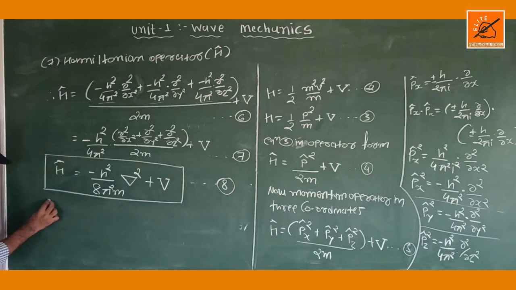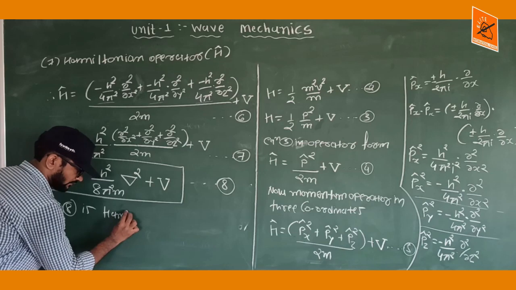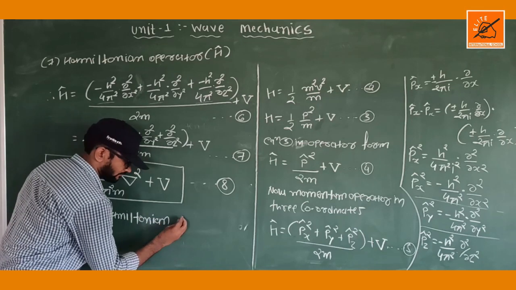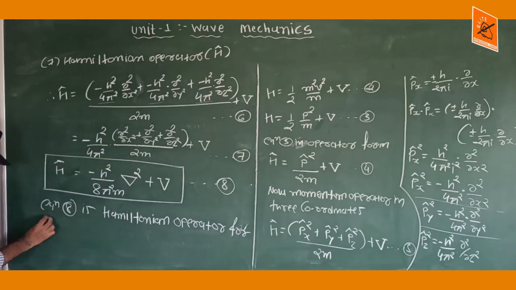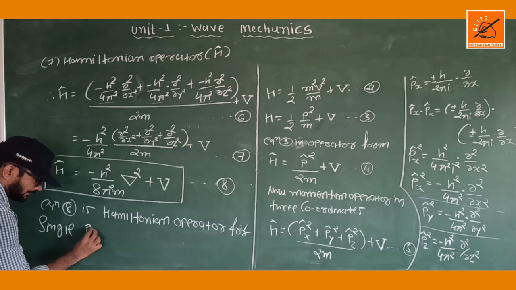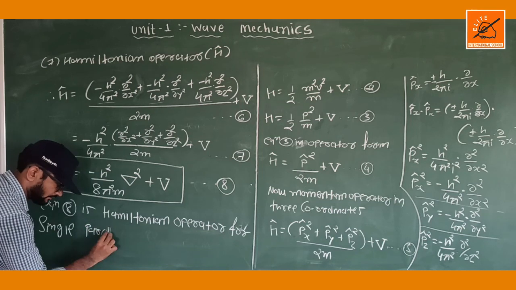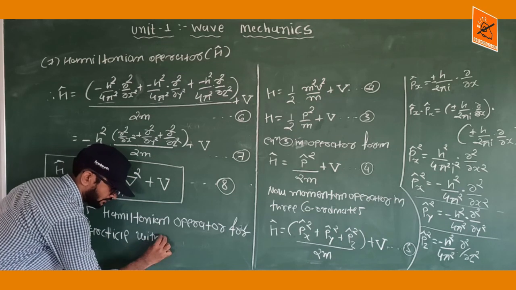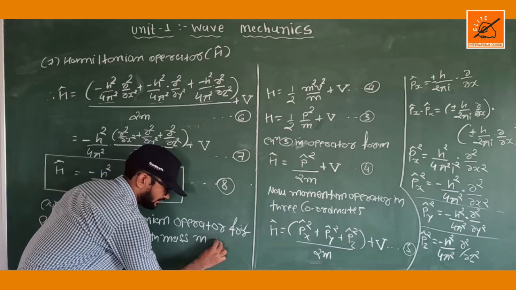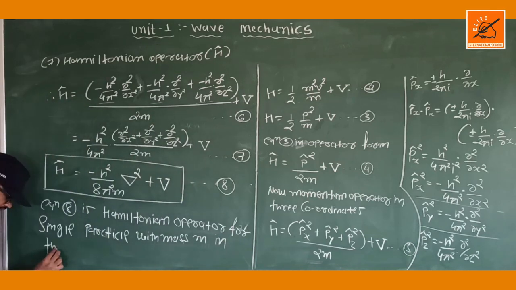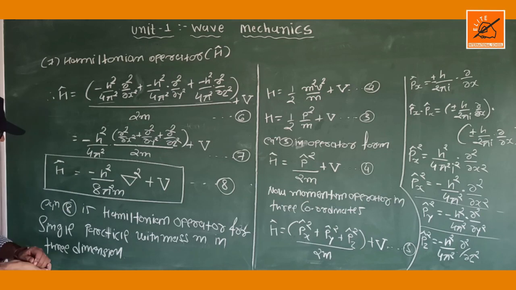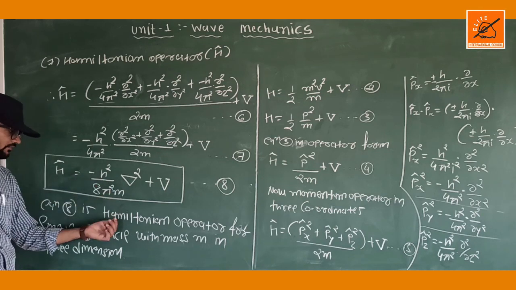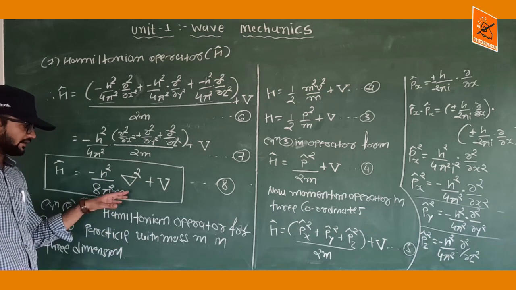Okay. So equation number 8 is the Hamiltonian operator for a single particle with mass small m in three dimensions.